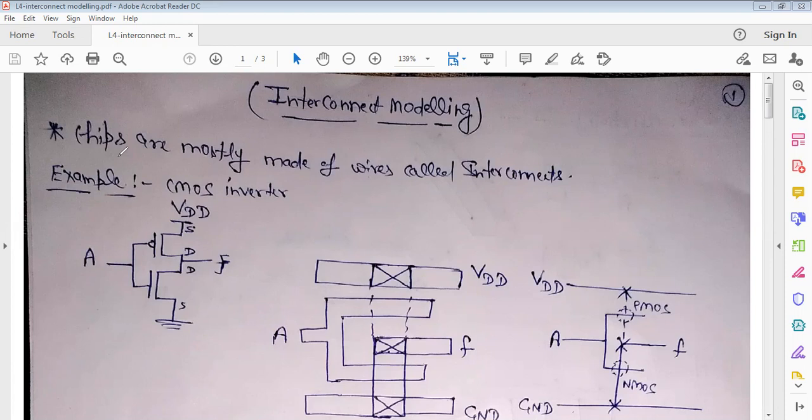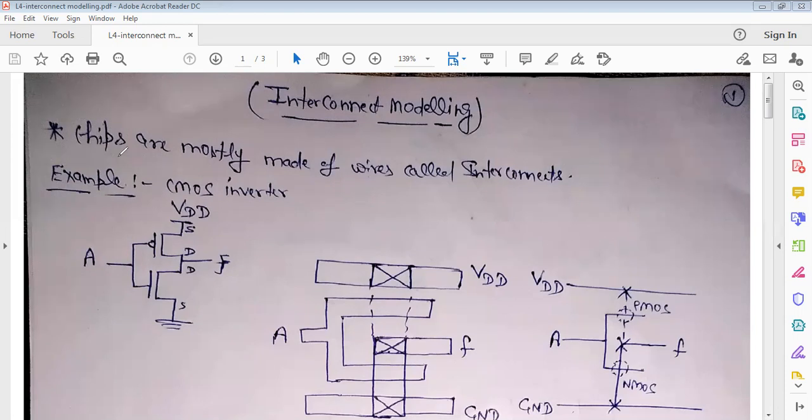These wires are called interconnects. Because the transistor's size is very small, the maximum chip area is covered with wires. So their modeling is of very much importance.